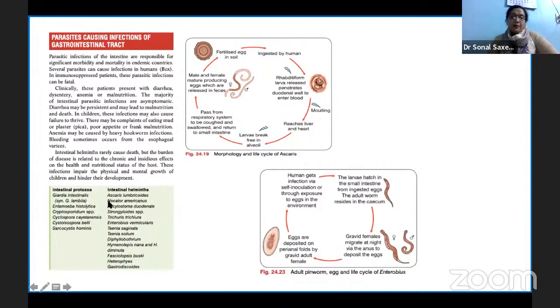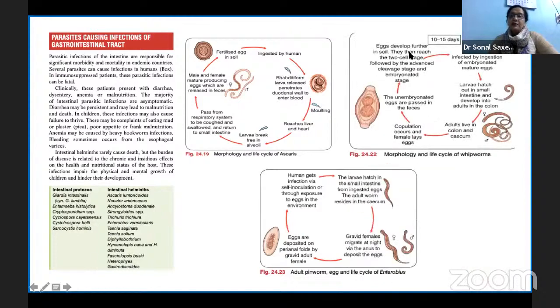So every time this chapter comes, it has its own changes.